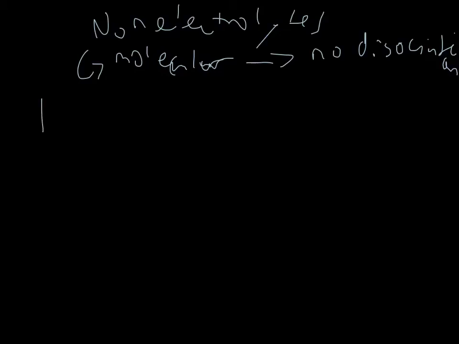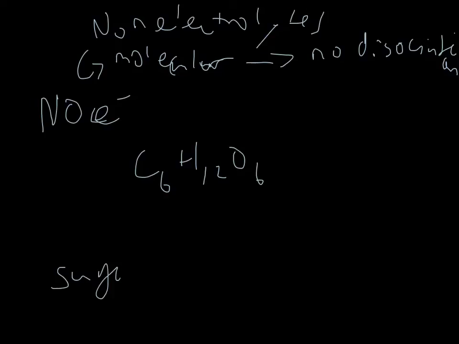So this could be no E. And these are going to be probably a lot more hydrocarbons, like glucose, so a lot of sugars, like glucose, C6H12O6, if I remember correctly, I think so. So I'm just going to put sugars down here, so remember that, and then alcohols.